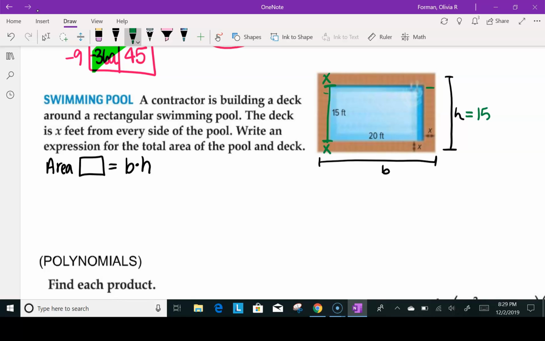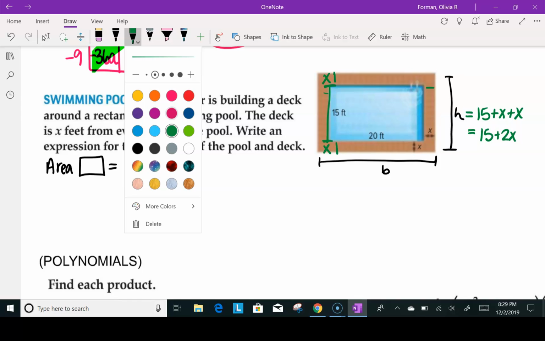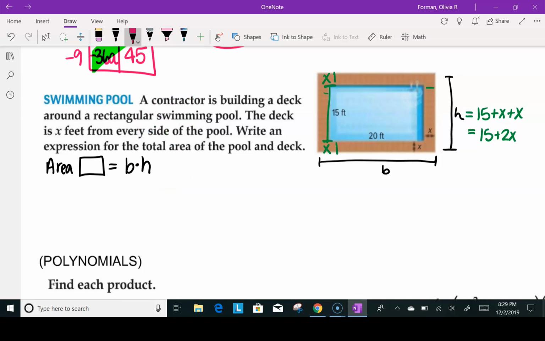Because here's my x length, and then we have the 15. So the height is really 15 plus 2x. If I look at the base, this part is 20, and then you also have the two x's here. So it'd be 20 plus 2x.